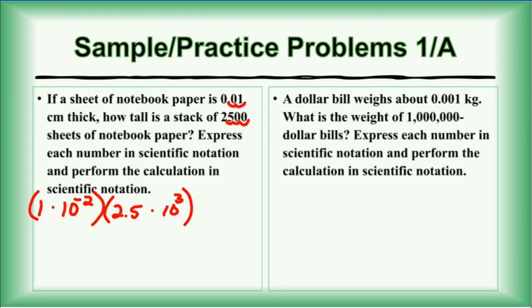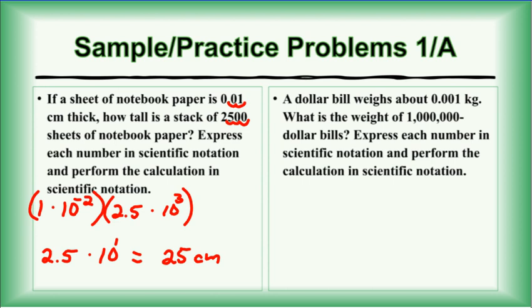So I take 1 times 2.5, which is 2.5, times 10, and when we multiply like bases, we add the exponents. So negative 2 plus 3 is 1. So 10 to the first power, which really we could have this as 25. So this would be 25 centimeters.